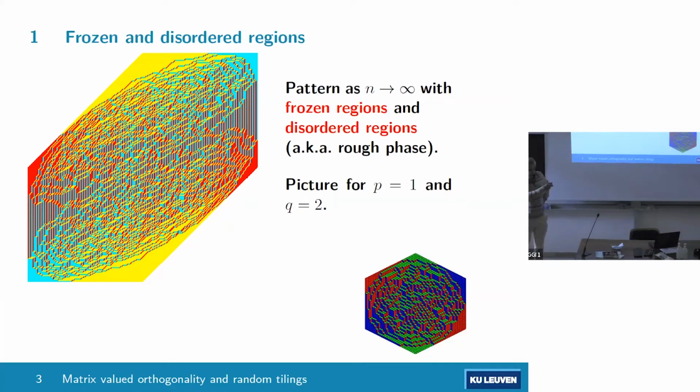So it's the same in the horizontal direction, P is 1, but in the vertical direction there's a period 2. Then you may generate such a picture by sampling from this probability measure for a certain choice of your weights, which I didn't specify here.